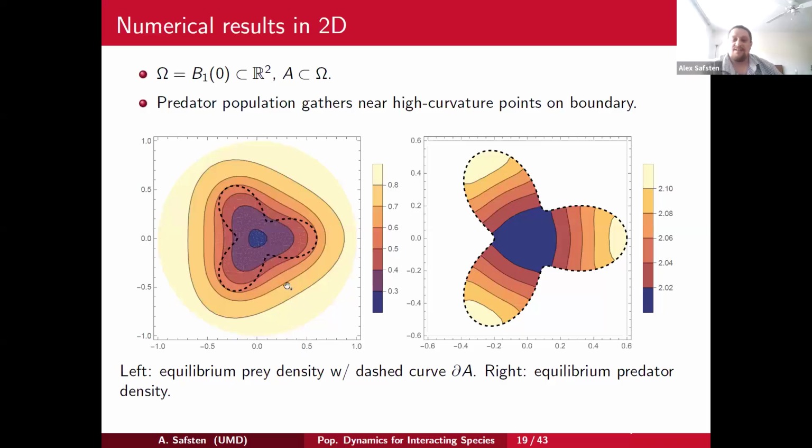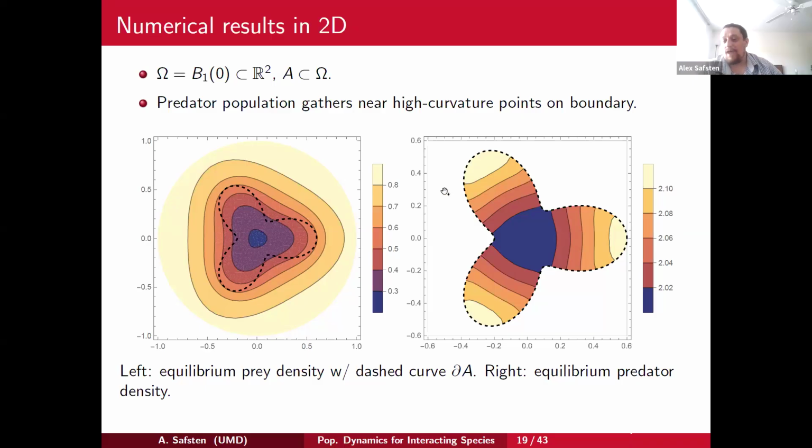We see that higher population densities, which are indicated by the light colors, are focused around the petals of the flower, so around where the predator population is kind of thinnest.